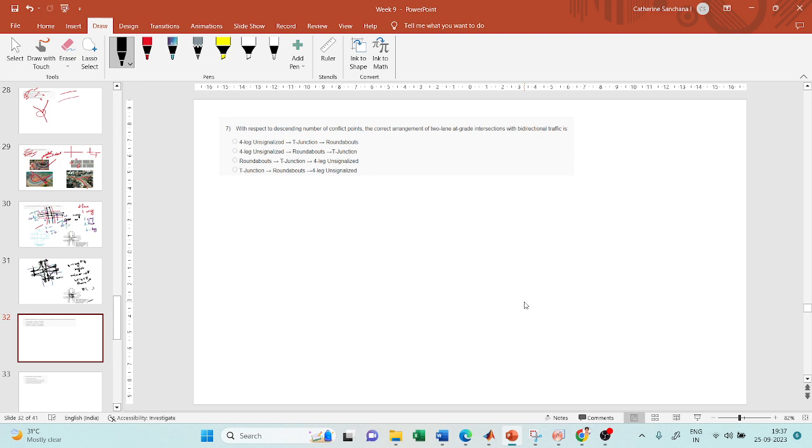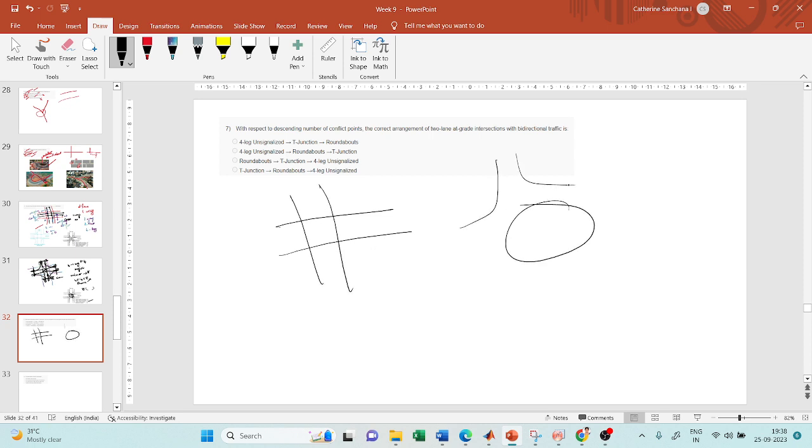Okay, so let us take a moment to understand what are the possible solutions for minimizing conflict points. Okay, so first you can convert an intersection into a roundabout. Okay, so I can convert this like this.